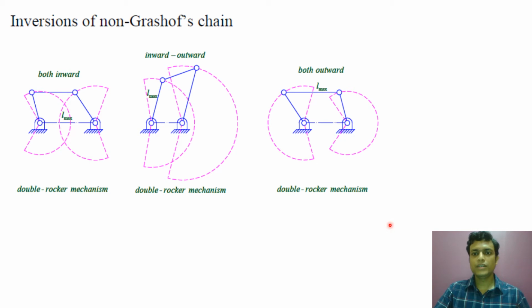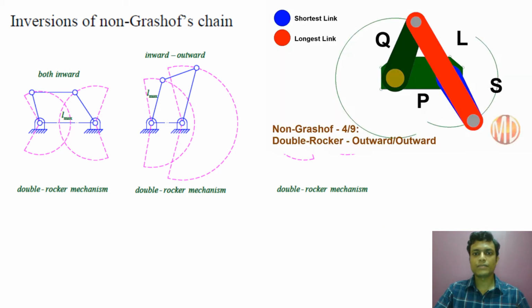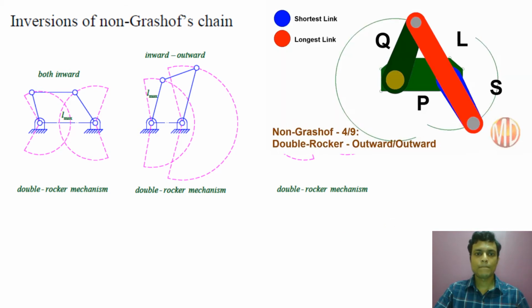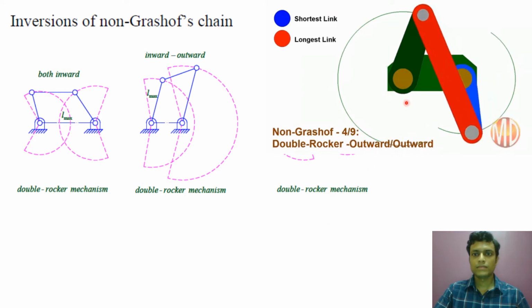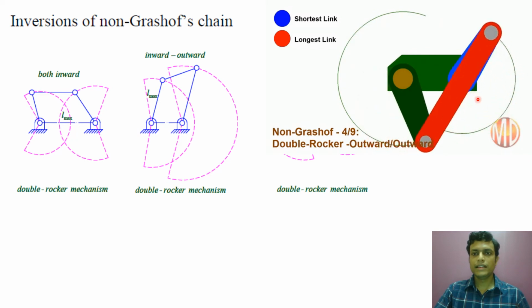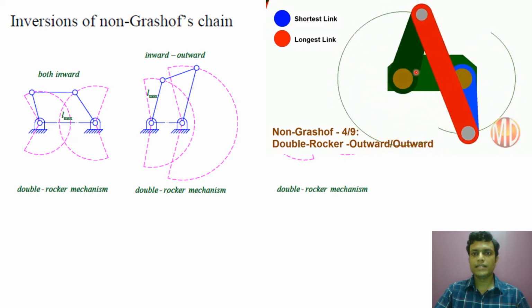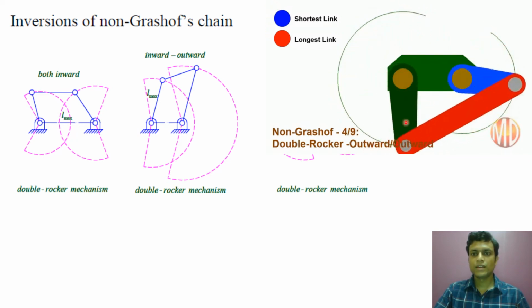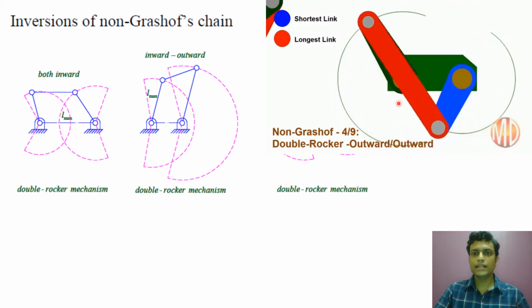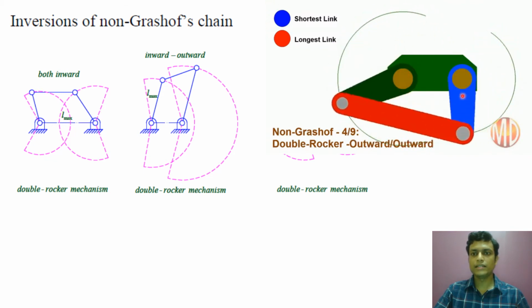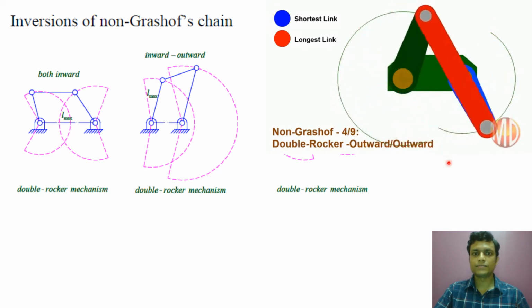And let me show you the animation. Here the red link is the longest link and it is the connecting rod, this green color link is the crank and the blue color link is the follower. Both are oscillating in outward direction.